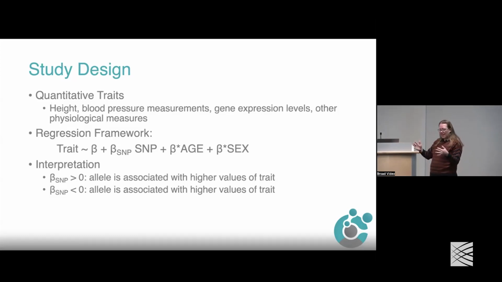Of course, when you're sampling, they're not, which is what we're going to get into in a couple of minutes about false positives. But for a SNP that is associated with your trait, when your regression estimate is greater than zero, you interpret that as saying the allele is associated with higher values of the trait. And when the estimate is less than zero, your allele is associated with, I have a typo, lower values of the trait.